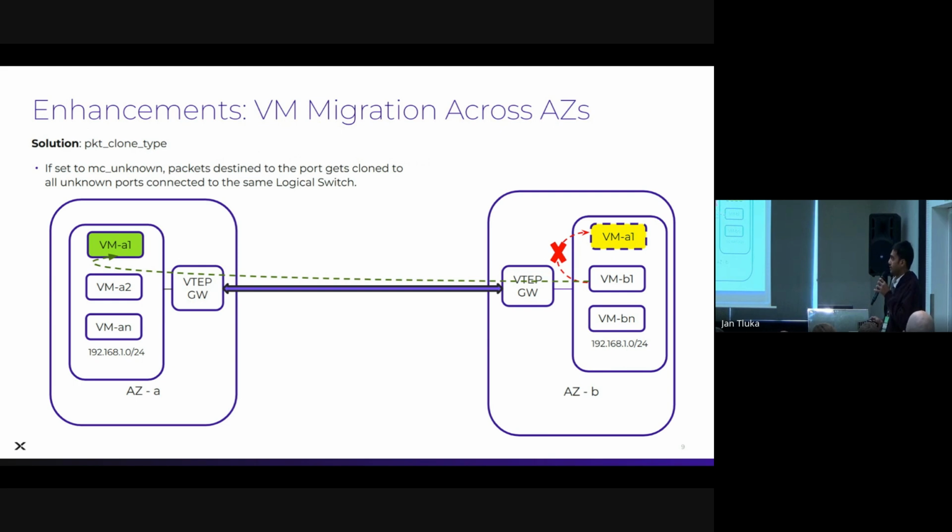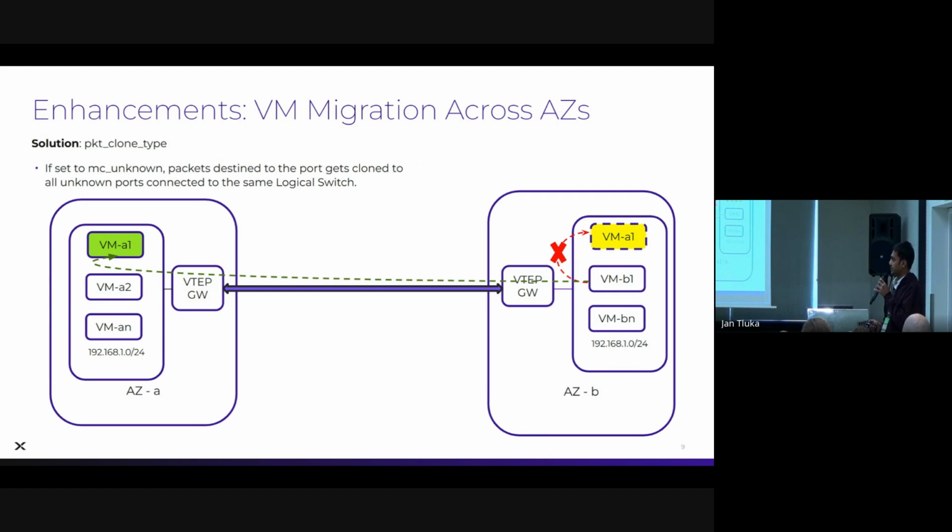When we set this option on the LSP which is under migration, any packets destined to this particular port will get cloned to all other ports in that subnet that have address of type unknown. In this case, the VTAP gateway internal port has unknown address. So this is how one packet will go local and one packet will get tunneled.